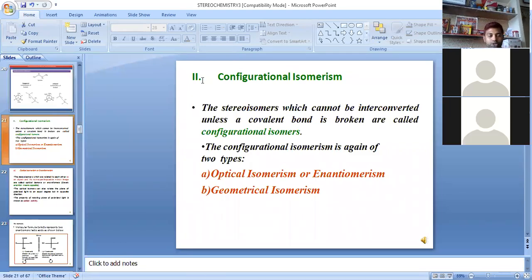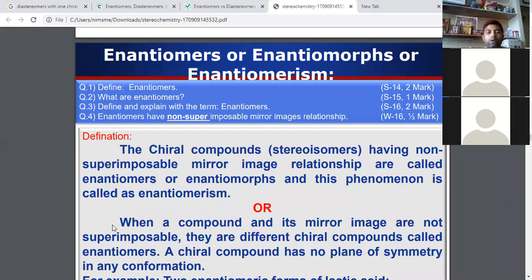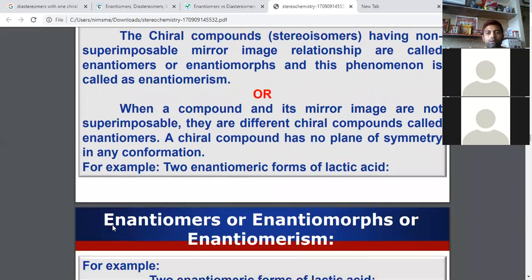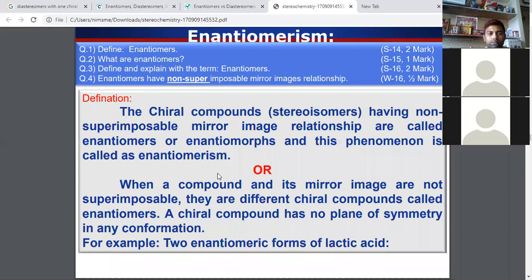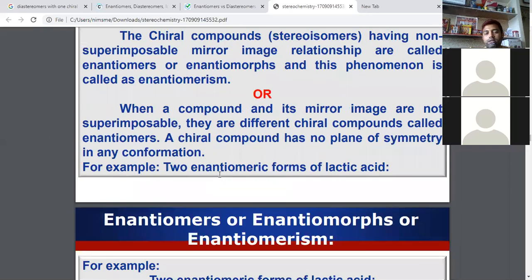They make mirror images, but they are non-superimposable. Okay, we'll discuss again. In detail, we'll discuss enantiomers.